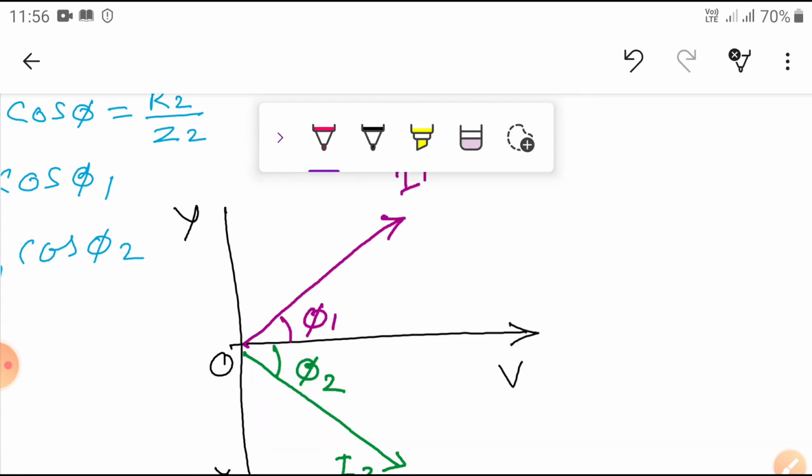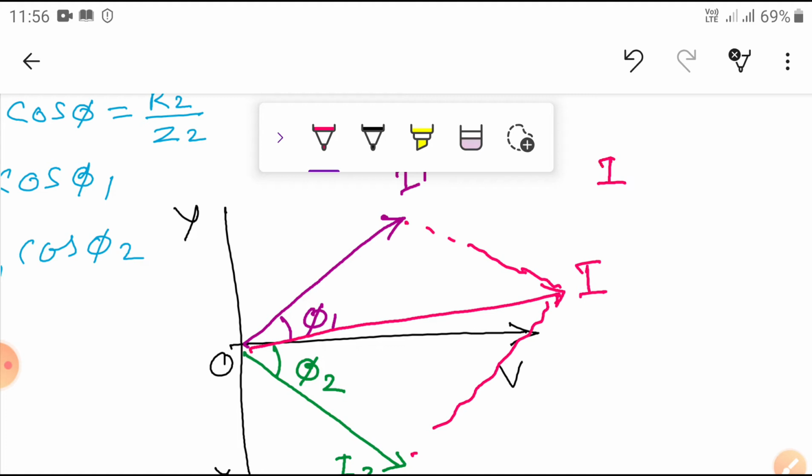Now, draw the parallelogram. Okay, so you are going to draw the parallelogram. Then I can draw one line which is connected here. So this is known as the current, the vector sum of I1, here I is equal to I1 vector plus I2 vector.